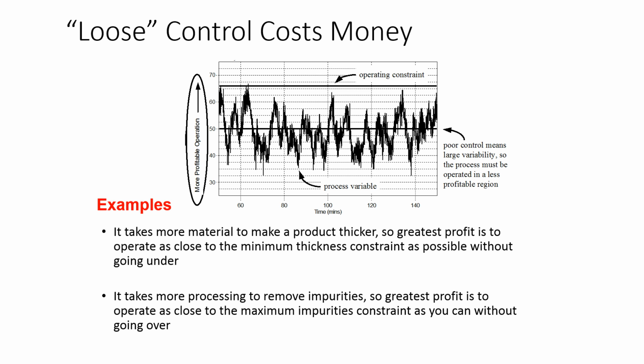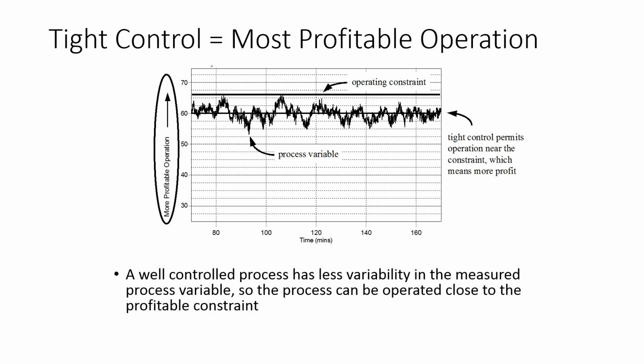So we have loose control. First of all, we have a lot of variability in our control, and this might be an operating constraint that we don't want to go above, and so we purposefully set the set point lower to account for some of this variability. Now, if we think about decreasing that variability, having a controller that can minimize the deviation from the set point, then we could potentially move the set point up closer to an operating constraint.